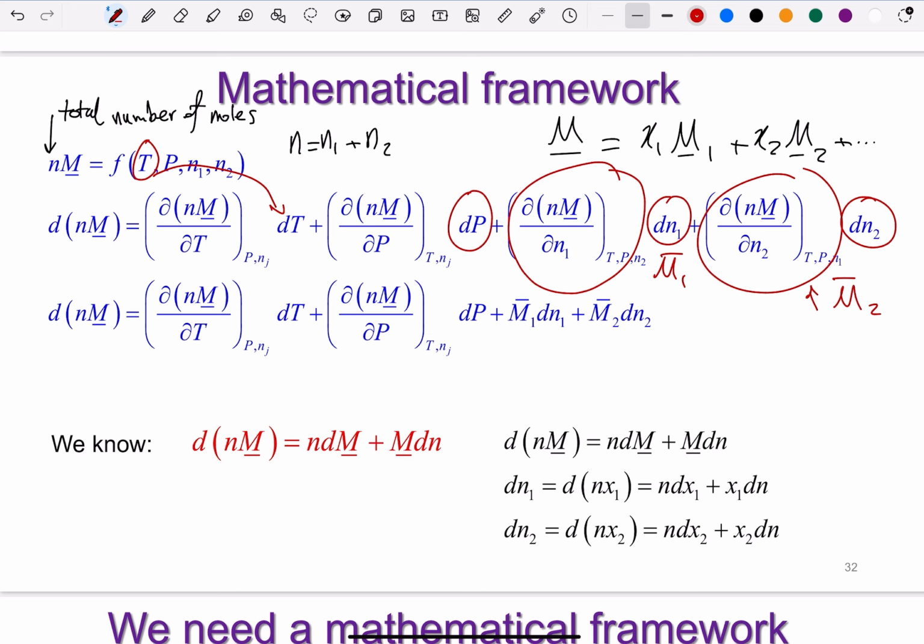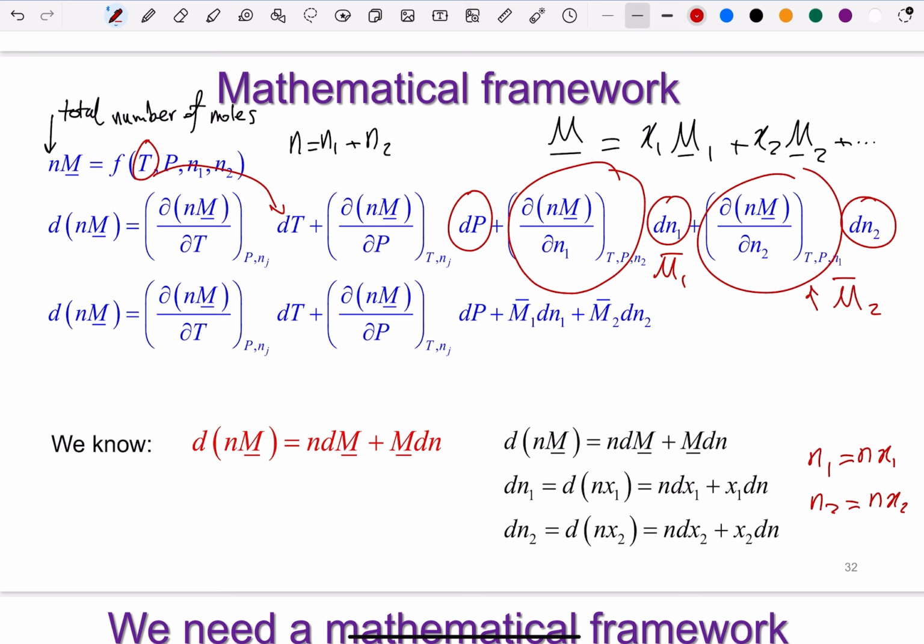And I will do some manipulation over there. Instead of writing it in terms of N1 and N2, I'm going to write n times x1 and n times x2, because it's more convenient to work with mole fractions.